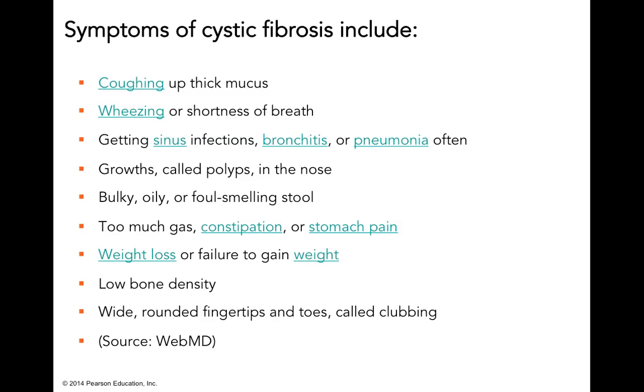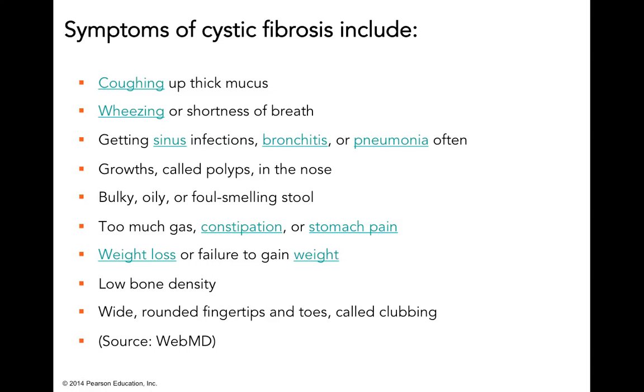So symptoms of cystic fibrosis may include thick mucus, shortness of breath, sinus infections, pneumonia, growth in the nose, having a foul-smelling stool, being gassy or constipated, inability to gain weight, low bone density, and wide-rounded fingertips and toes.